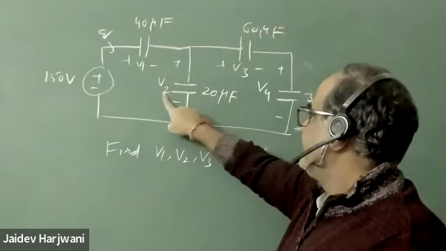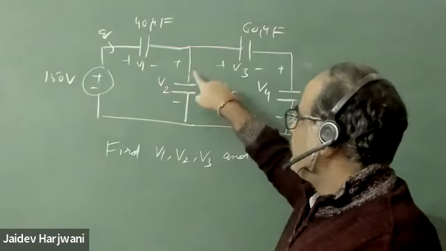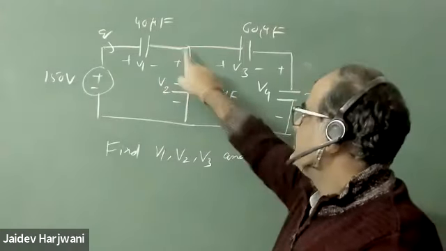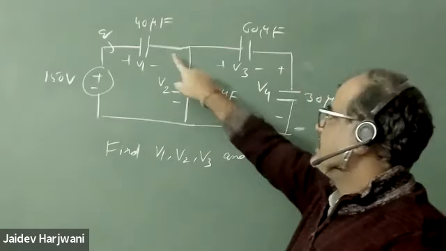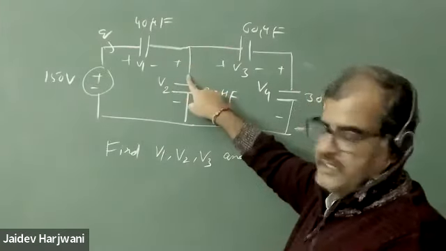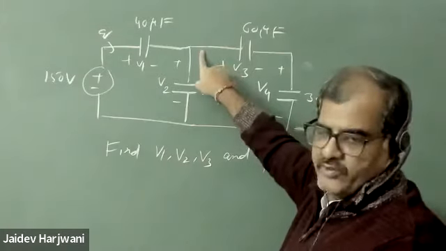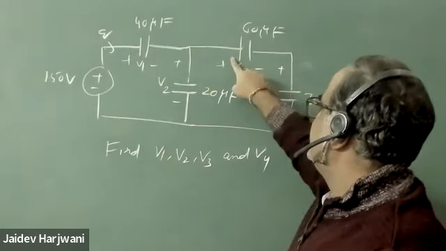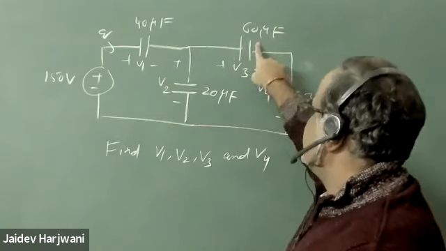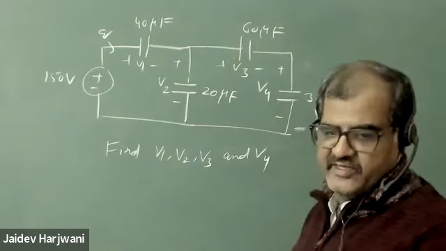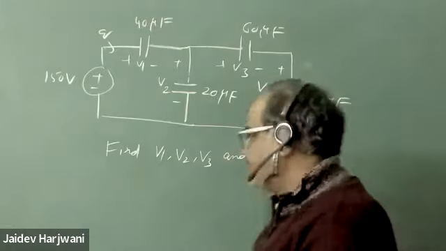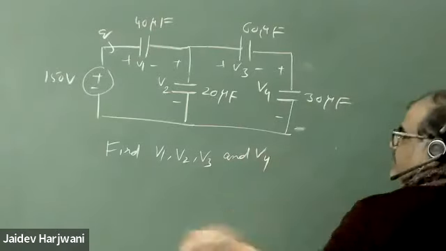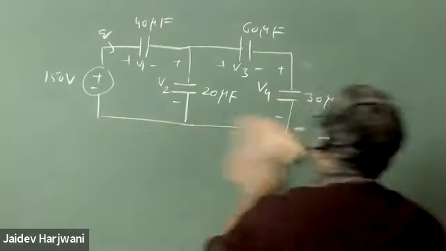Once you know V2 and the charge, you can calculate how much charge came to this branch. Total charge was Q; suppose Q1 came here, the remaining Q minus Q1, or Q2, will go here, here, and here. So you know the charge and the capacitance here, so you can find V3 and V4 also. Try it. If you are not able to do it, then I will solve it.